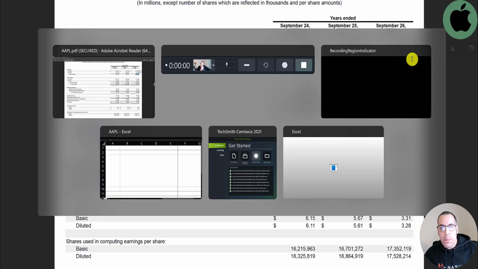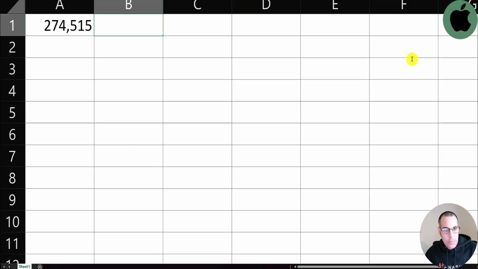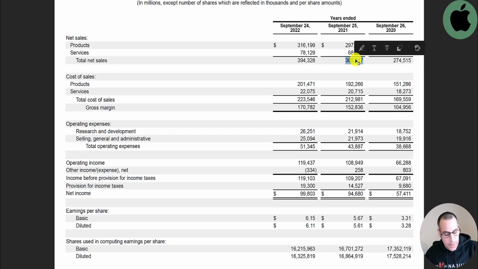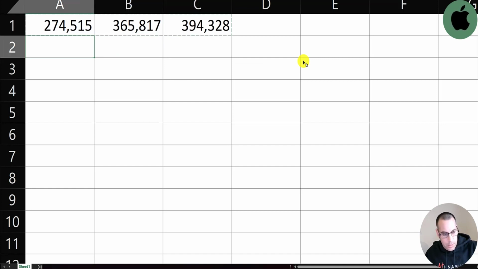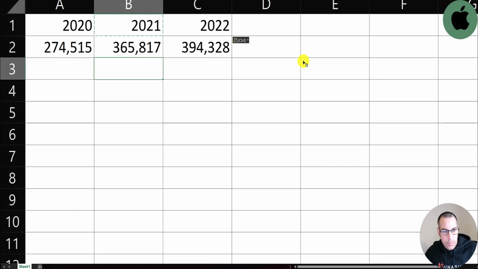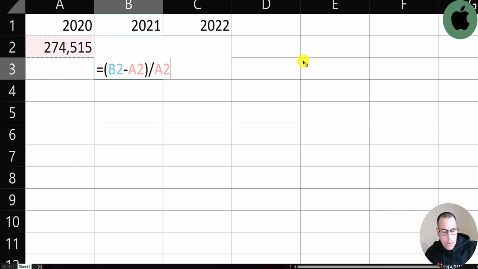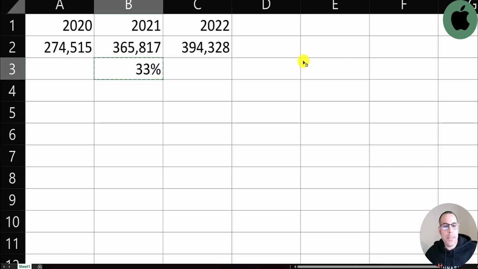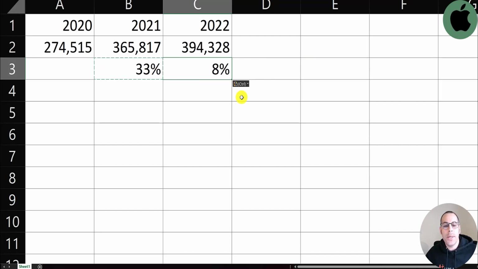So 274 billion, and let's bring the 366 billion and the 394 billion. So they had a 33% increase from 2020 to 2021, and 8% increase from 2021 to 2022.